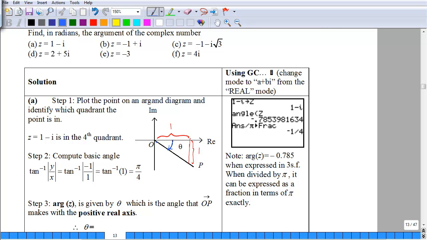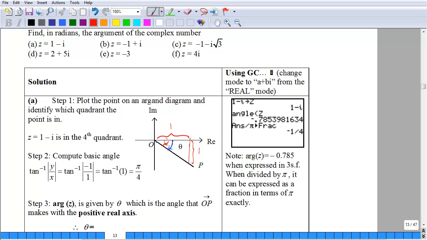But then, we need to find the basic angle first. Now, the basic angle is the size of this angle. There's a distinction between alpha and theta here. Alpha is the positive basic angle, but theta is a negative angle because it is the argument of the complex number and it is measured downwards, so theta is negative.